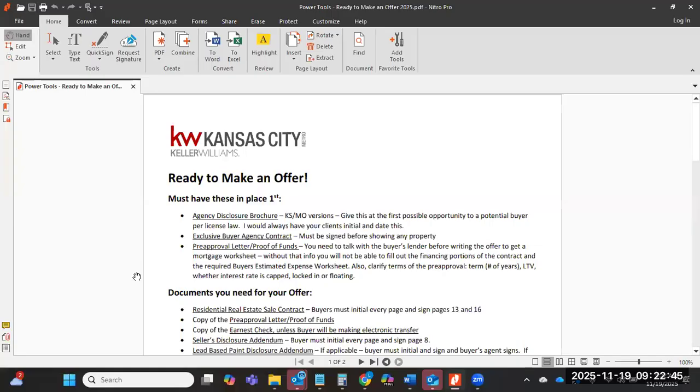Even if it's someone that's bought and sold property several times over their lifetime, our contracts change all the time. You're going to be that agent that does explain it, because their agents probably in the past have not explained the contract to them. So even if they bought 5 houses over the last 15 years, they may not fully be aware of what our contracts say. You're going to be the one that does that.